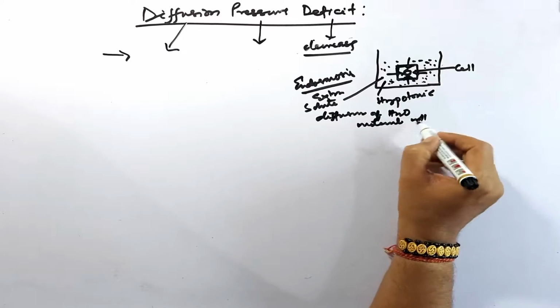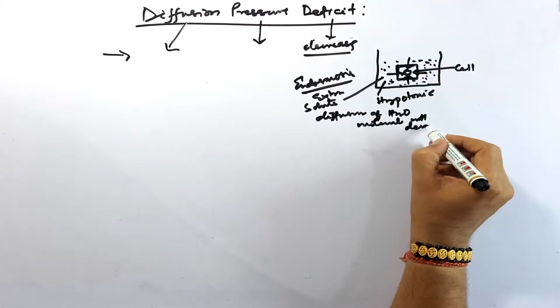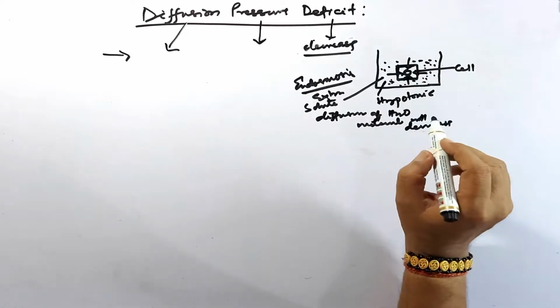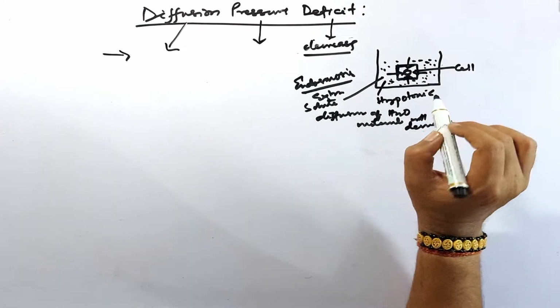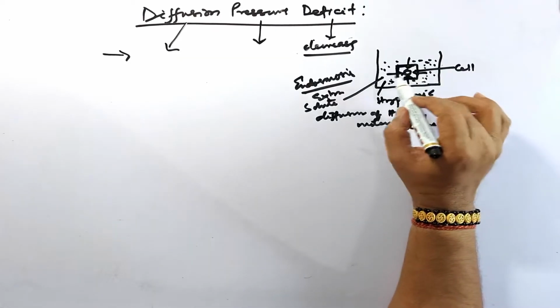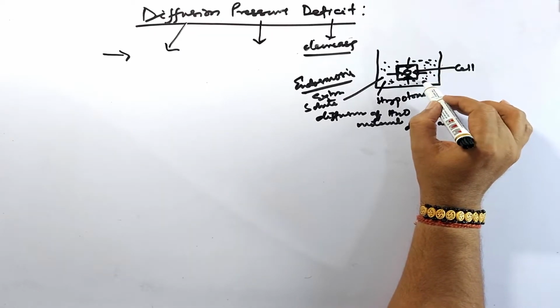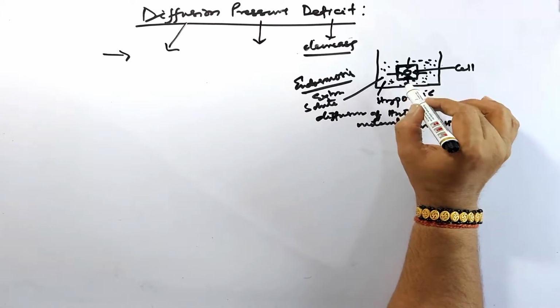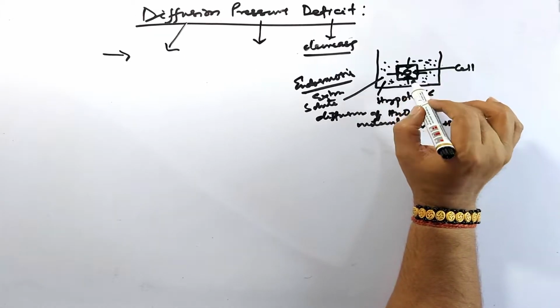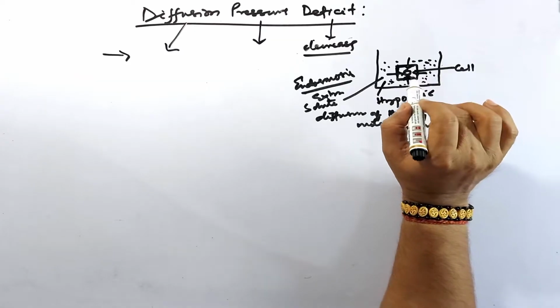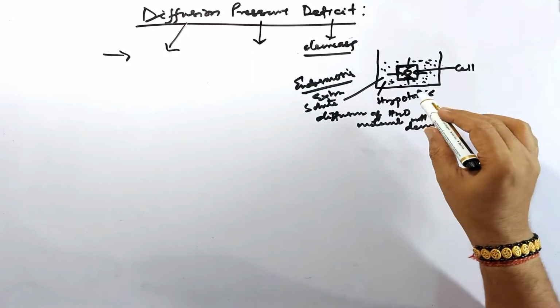Why this decrease? Because, as we have already discussed about water potential, when the solute is added, the water potential or energy of the water is decreased, so the rate of diffusion is decreased here. So this is called diffusion pressure deficit.